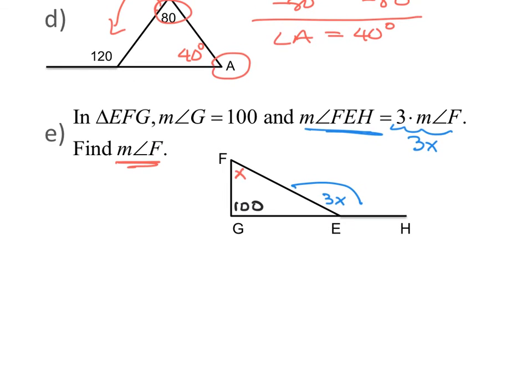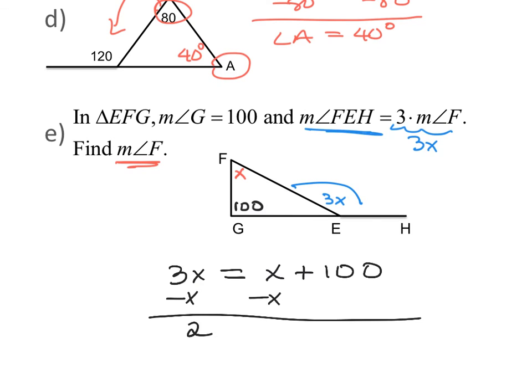So let's try this exterior angle theorem. And I'm going to set 3x equal to the two remote non-adjacent interior angles. So that would be x plus 100. Subtract x. 2x equals 100.